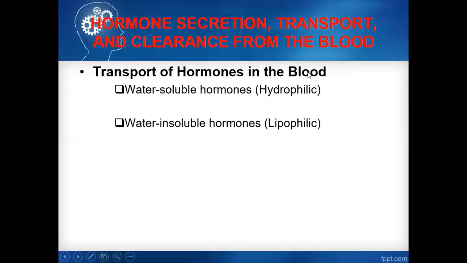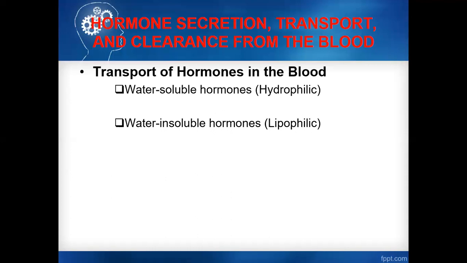So, transport of hormones in the blood. I've mentioned that water-soluble hormones, being hydrophilic, are not bound to transport proteins, with the exception of amine hormones, because some amine hormones may be bound to transport proteins.